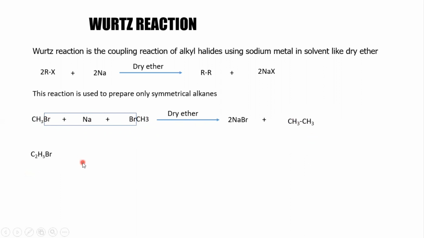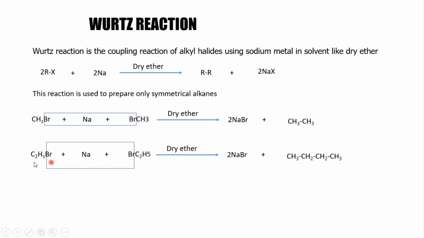So let us look at the reaction with ethyl bromide as the starting material. If you take ethyl bromide and react it with sodium and dry ether, then we are going to get butane as the product. So here we have two carbon atoms and in the product we are going to get 4 carbon atoms.